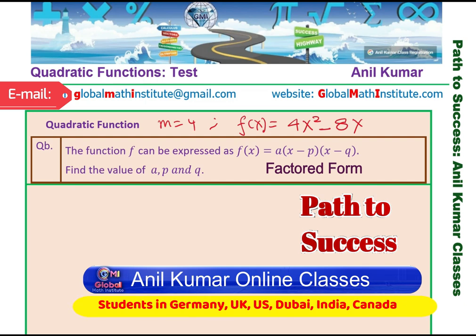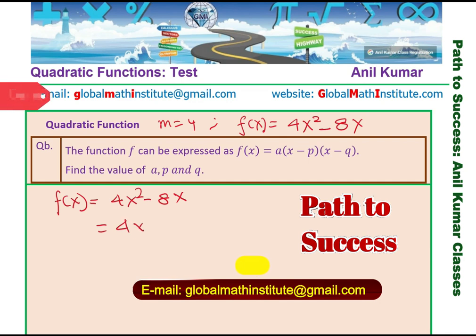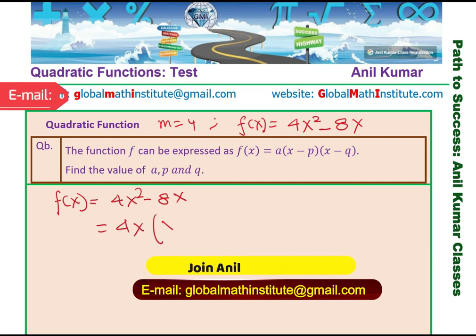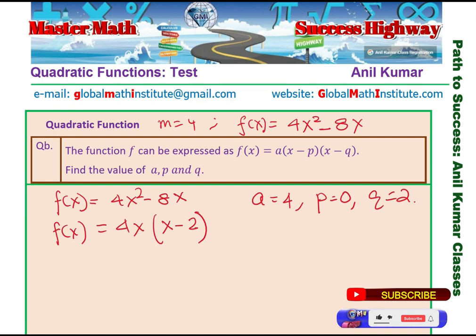So f of x is equal to 4x squared minus 8x. We can factor out 4x, and what we get here is x minus 2. So that becomes the factored form of this particular equation. And clearly from here, we have a equals 4, p equals 0, and q equals 2. Makes sense? So that becomes the equation in the factored form.